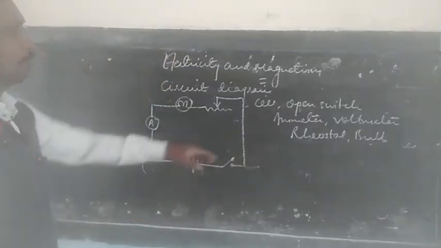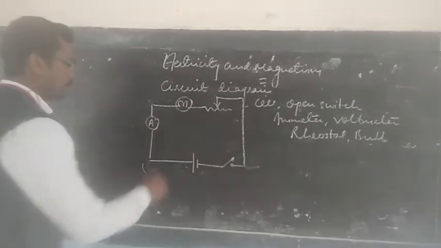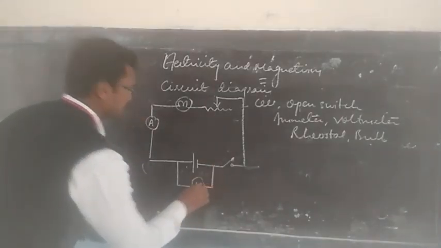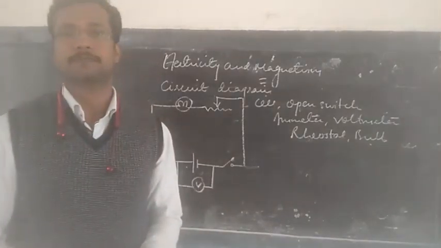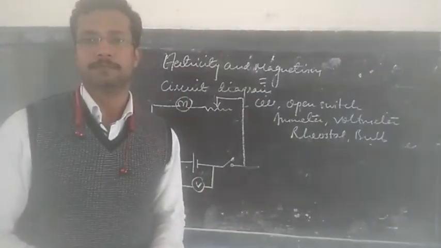Now so far as the voltmeter is concerned, we cannot use the voltmeter in the same wire, we require another set of wire, and this connection of voltmeter is called the parallel connection. So this is how we can draw the circuit diagram.